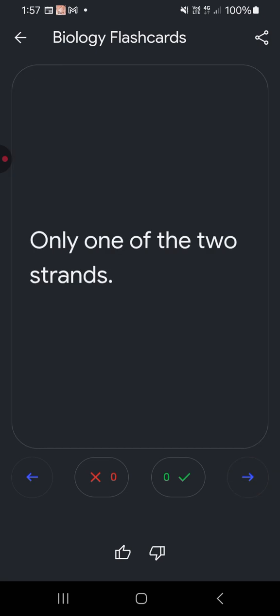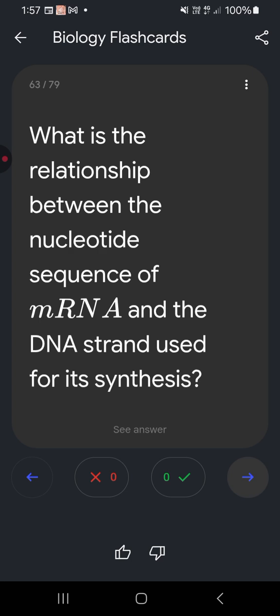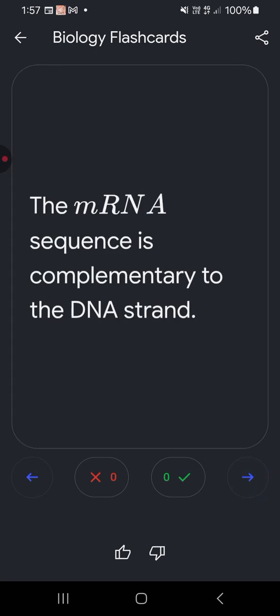Only one of the two DNA strands. What is the relationship between the nucleotide sequence of mRNA and the DNA strand used for its synthesis? The mRNA sequence is complementary to the DNA strand.